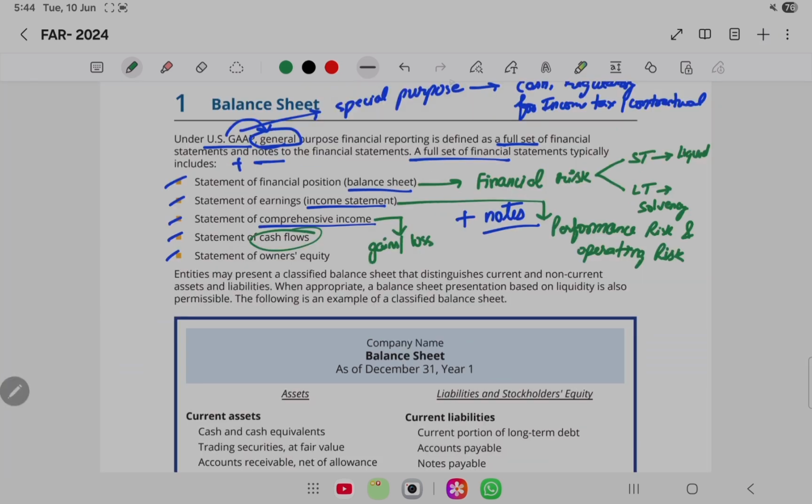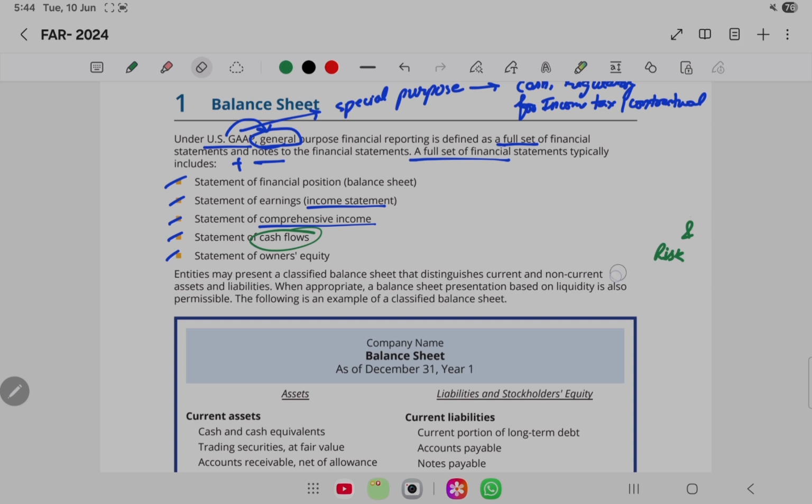So let me remove all this, making space for the owner's equity. The name of the statement is the statement of owner's equity, but actually it shows the changes in owner's equity. What are the changes from the opening balance sheet to the closing balance sheet?